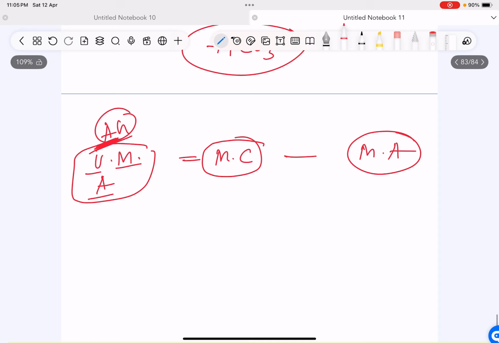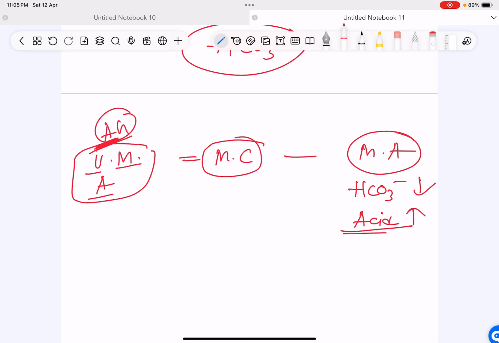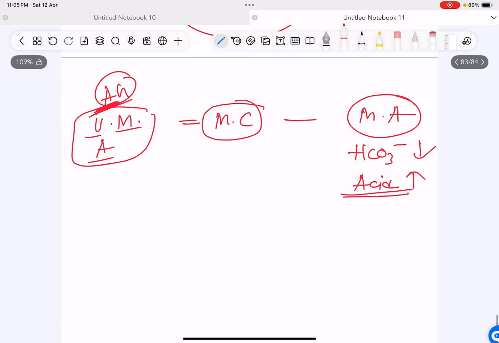Now in your measured anion, your HCO3 minus is going down, but your acid is high. What is that acid? It is your lactic acid or acetic acid or beta hydroxybutyric acid, whatever is the cause of your acidosis. So your acid levels are high. And which one is more, HCO3 minus or acid? Here acid is more. That is why you are having acidosis.